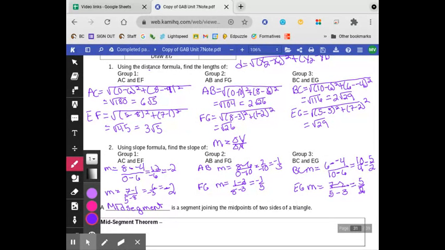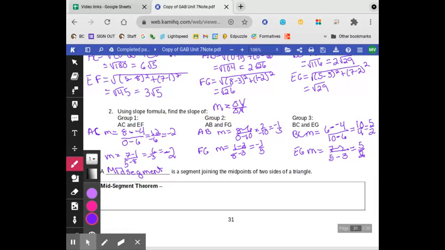So what the midsegment theorem states is the midsegment of a triangle, right? Because we did the midsegment of a trapezoid already.